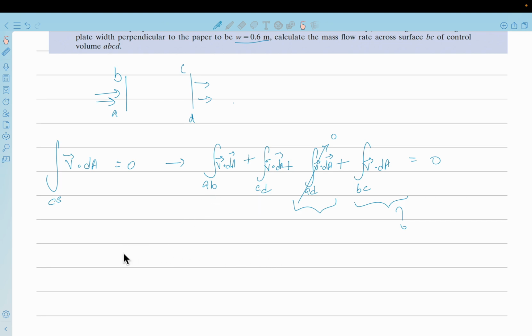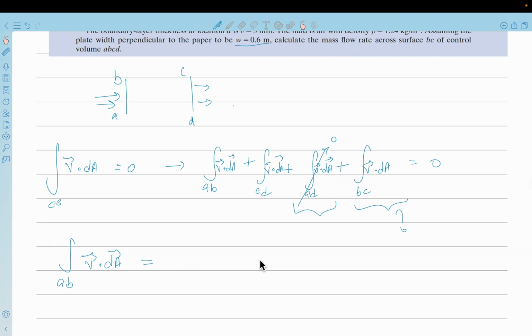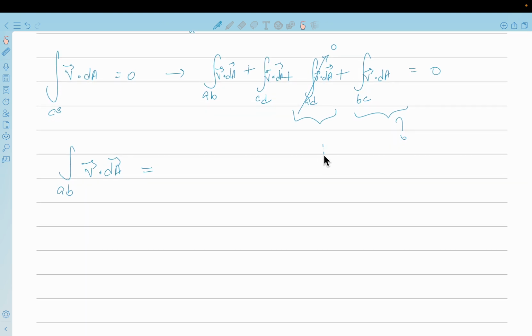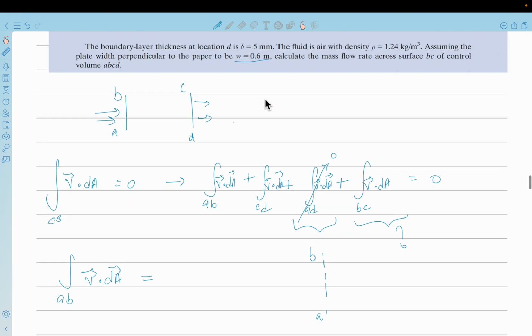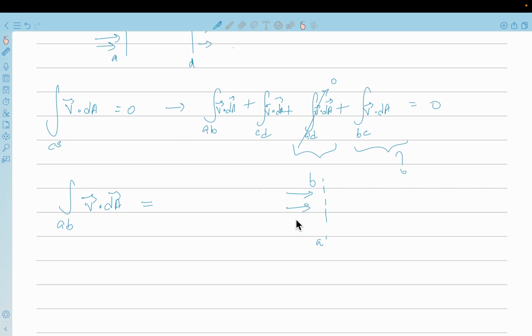Okay, so let us first look at the AB term. Integral over AB of V dot dA. What is that? So if I look at AB, you see what is coming in is just uniform flow, right? And always draw the n cap vector perpendicular to the surface and outwards.